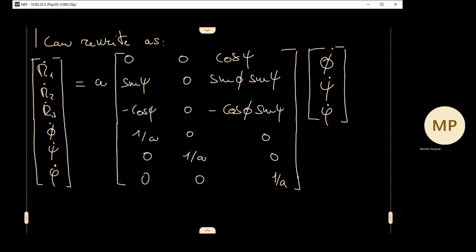Now, allow me to do another thing. Allow me to multiply the left hand of this equation and the right hand of this equation by dt, the total differential of time. What do I get?